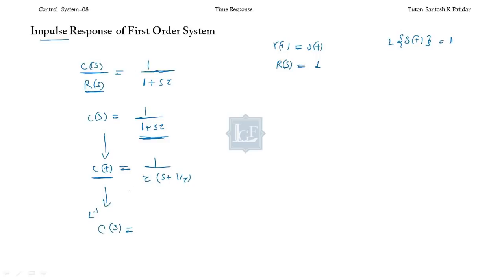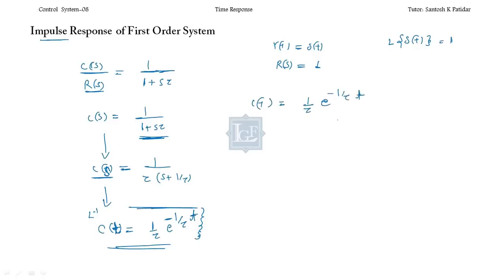So you will get, in the time domain, 1 by tau e to the power minus 1 by tau t. Correct. So this is the output for the impulse response. Now if you observe this very carefully, this response, you are getting C(t) equal to 1 by tau e to the power minus 1 by tau t.